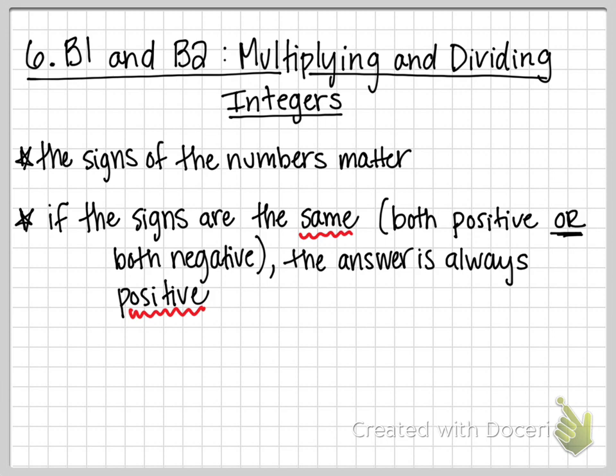So the sign of your answer will be positive if both the signs are the same that you're multiplying or both the signs are the same that you are dividing. And then you just multiply as usual or divide as usual, making sure that your answer is positive, not even a positive sign in front of it, but just that your answer is positive.